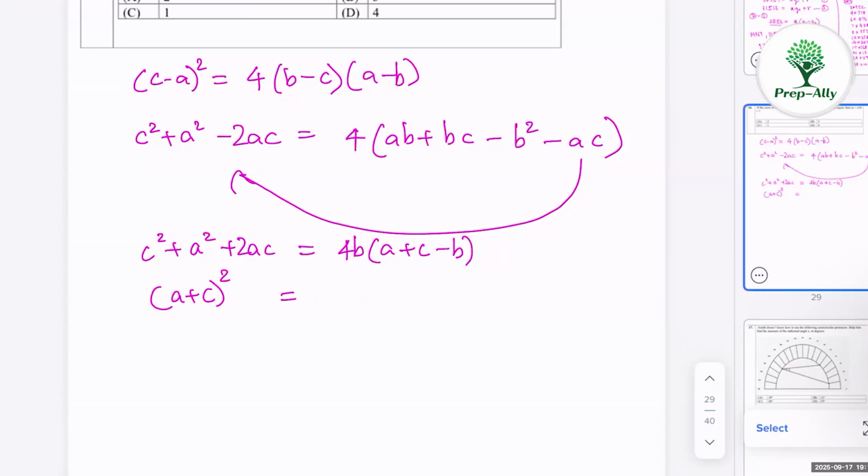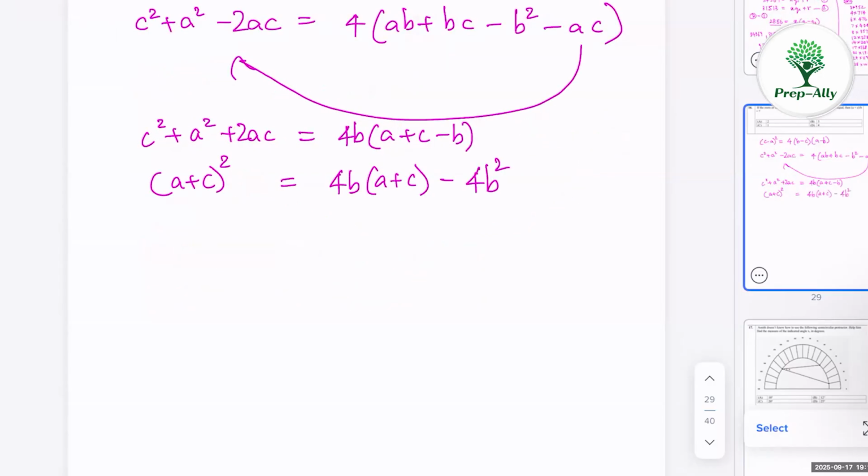So this is 4b(a + c) − 4b². Now if we send all the terms this side, we have (a + c)² − 4b(a + c) + 4b² = 0.